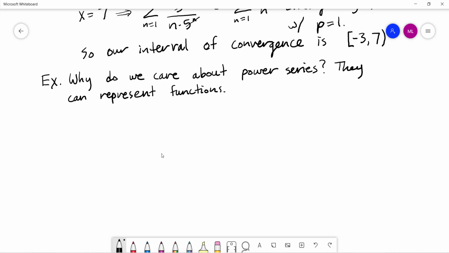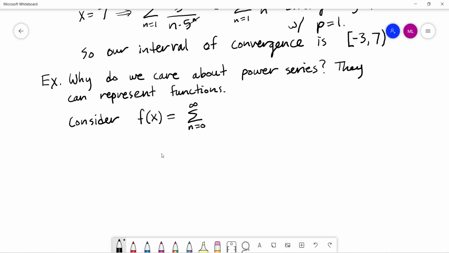So I'm going to give you a function in the form of a power series and try to figure out what it represents. So consider the following. Our f of x is going to be a power series. The power series looks like this.